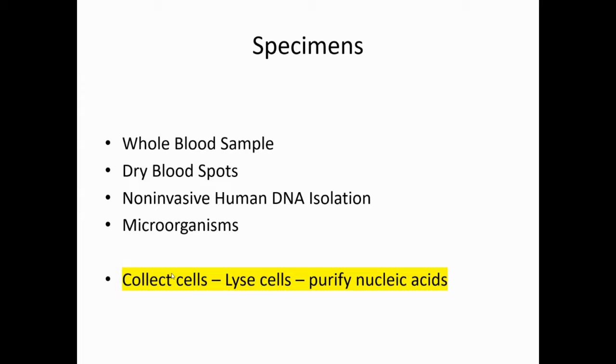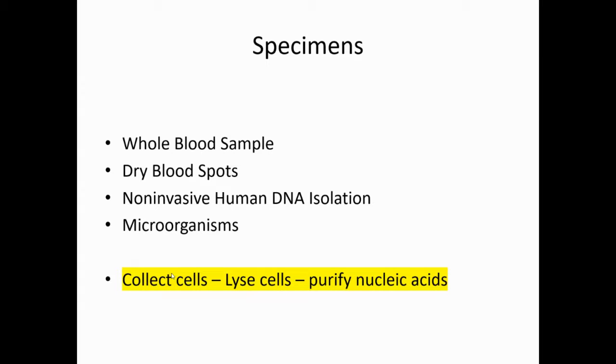So that's why the first step, you collect the cell. The second step is to lyse the cell and release the cell extract. And the third step is to purify the DNA and the nucleic acid from those cell extracts. That means you remove the protein, carbohydrate, and lipid from your sample so that you get the pure nucleic acid.